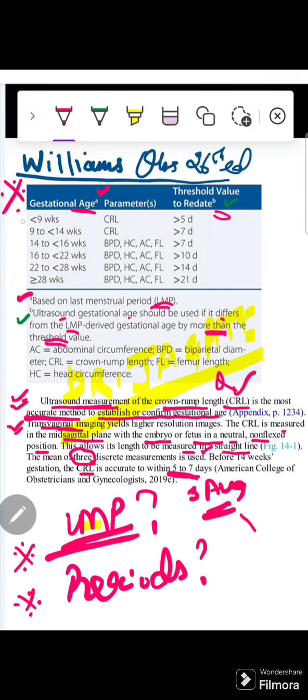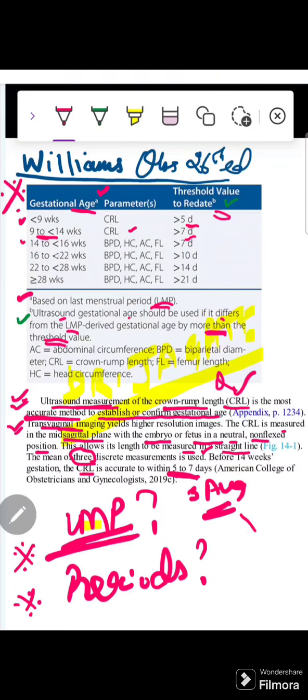So if the gestational age is less than 9 weeks, you are going to use CRL as the parameter, and if the difference is more than 5 days, you are going to use ultrasound to do the gestational age estimation. If the gestation is between 9 to 14 weeks, again you are going to use CRL, and if the discrepancy is more than 7 days, then you are going to take the ultrasound acquired gestational age.